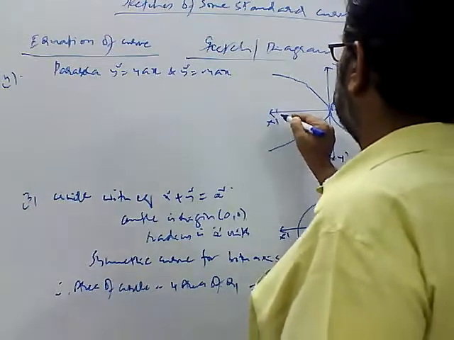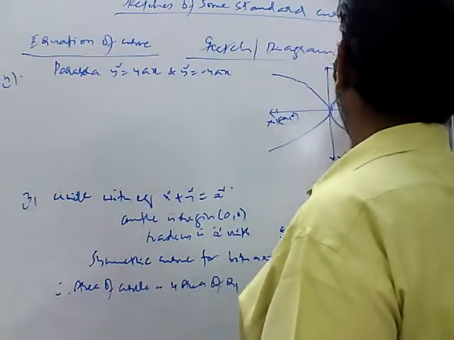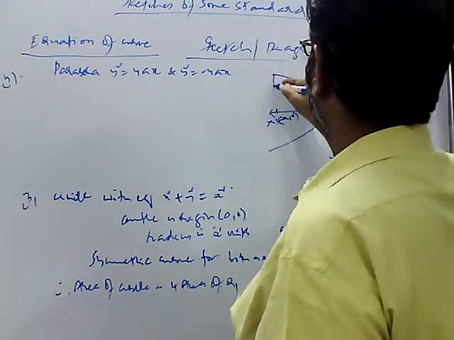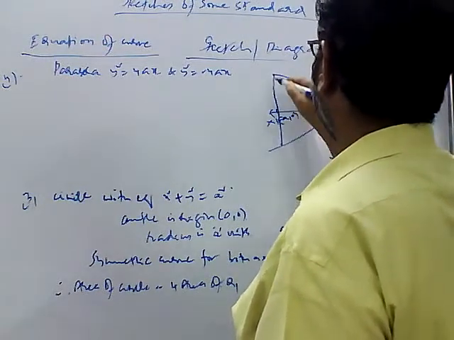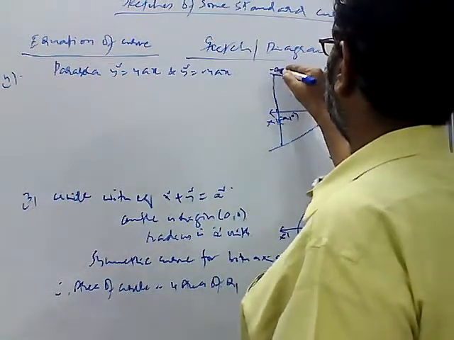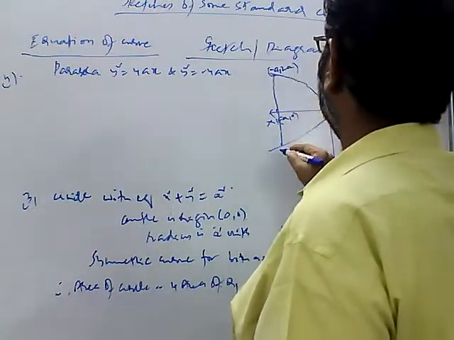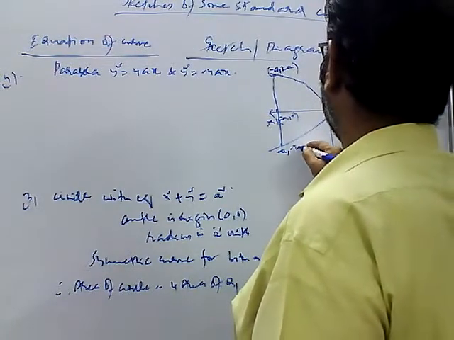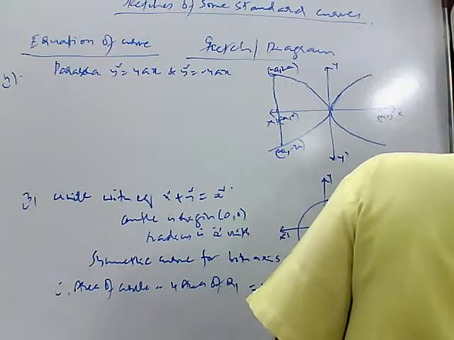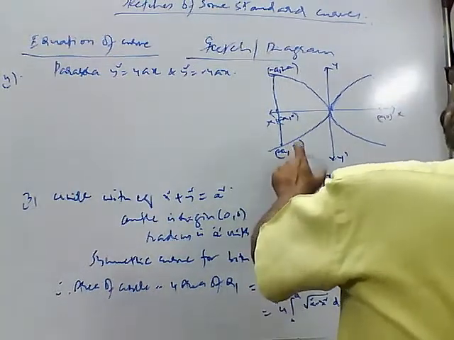This is minus a, 0, this is a, 0 on the x-axis. So minus a to a, here minus a, minus 2a. Minus a to a on this also.